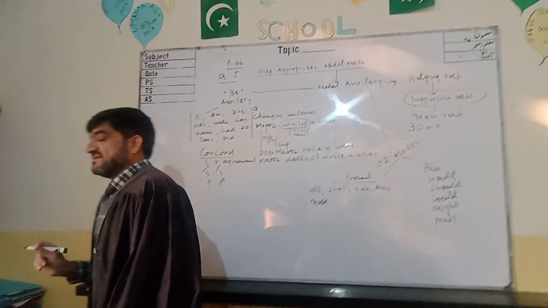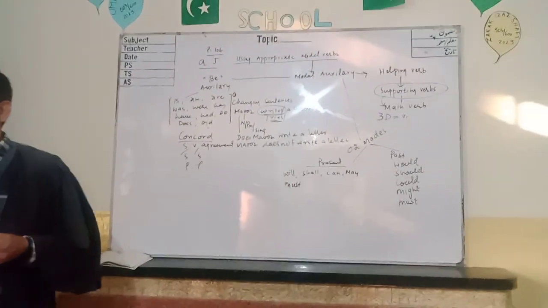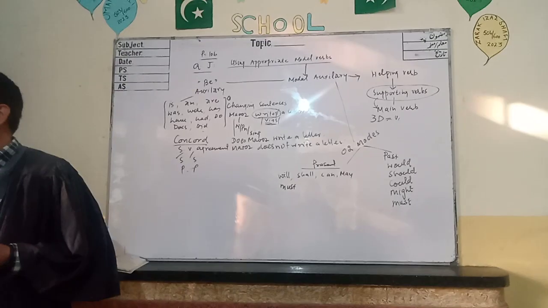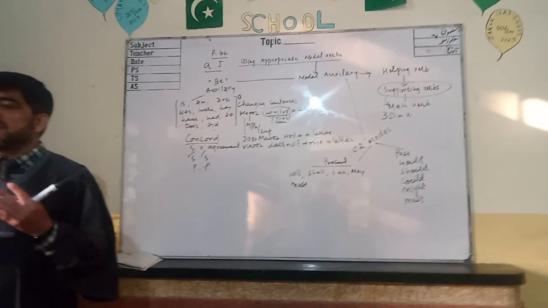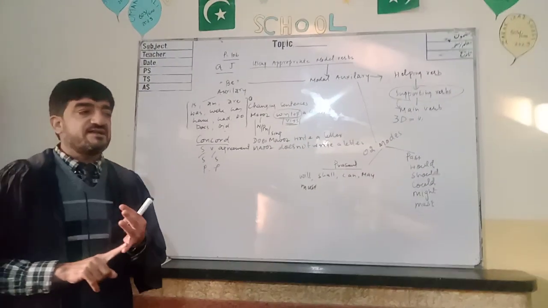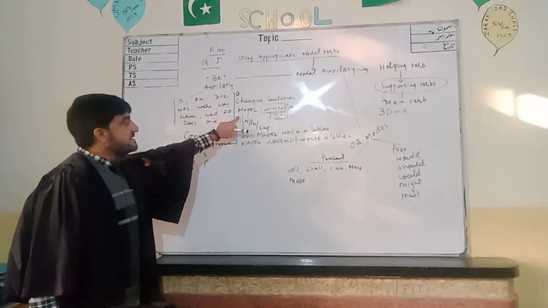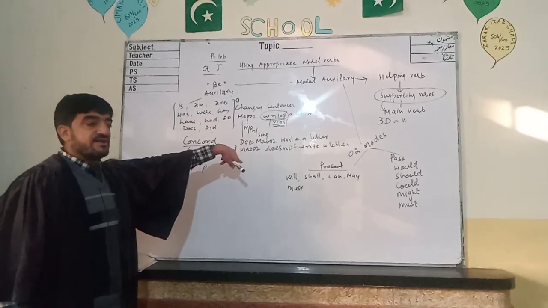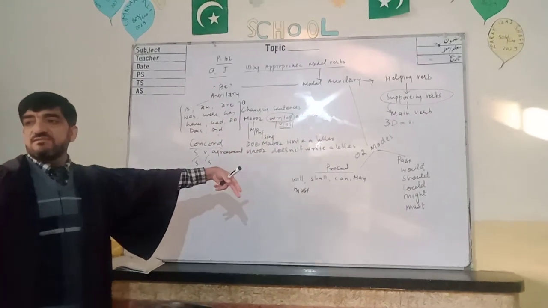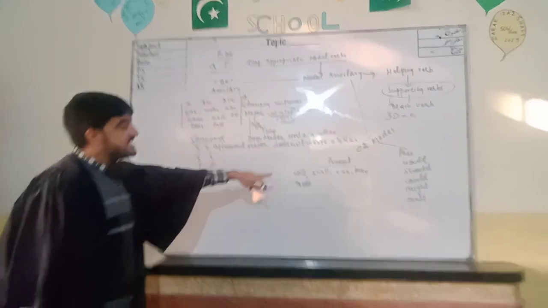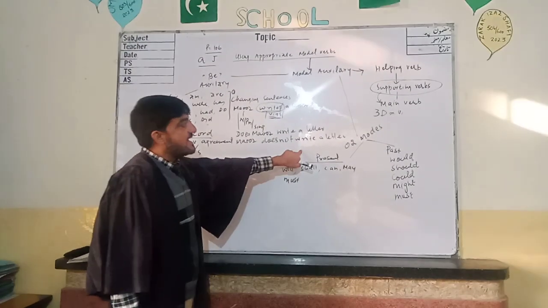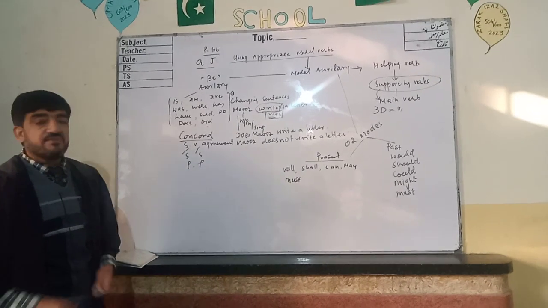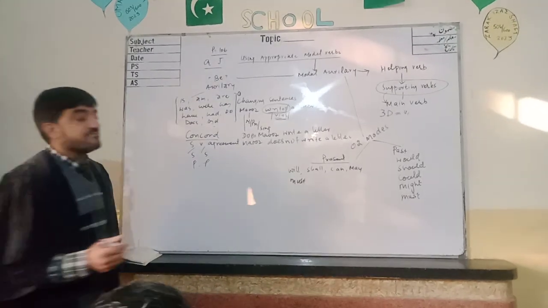But the main difference between be auxiliary and modal auxiliary is that be auxiliary can only change a sentence from assertive to interrogative, interrogative to negative, negative to interrogative, or both. But modal auxiliaries are those helping verbs which perform more than one action.